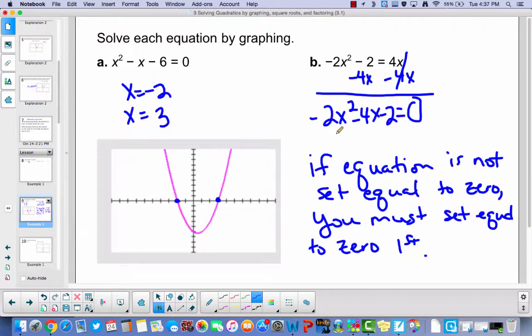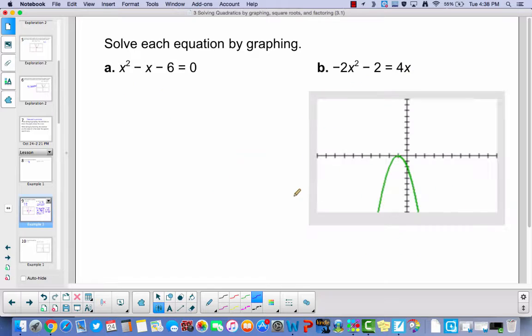And that's true regardless of how we solve these. So put that in your graphing calculator and see what you get. You get one place where it crosses the x-axis, so x equals -1.